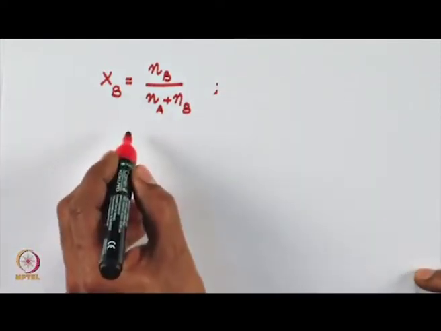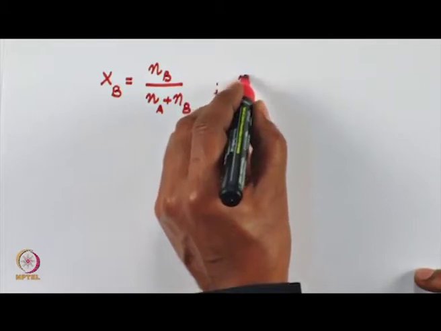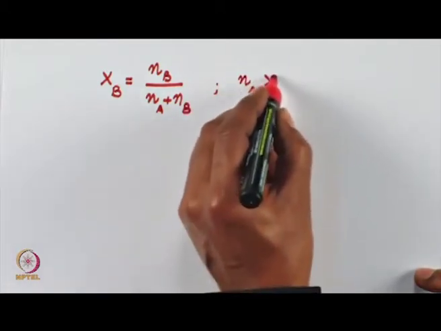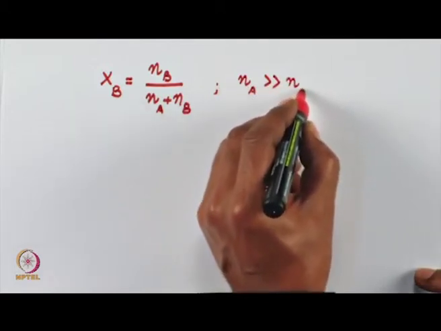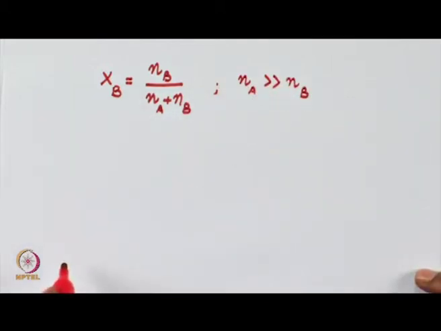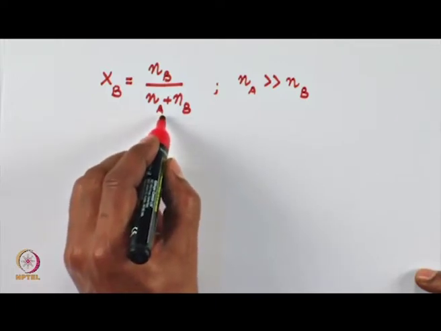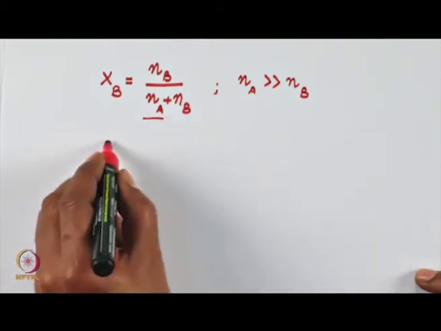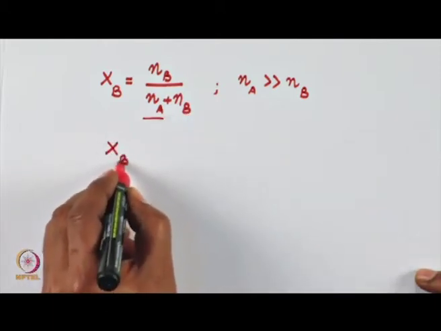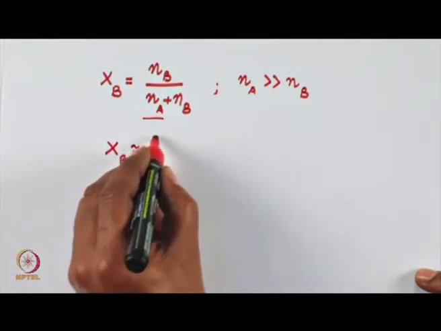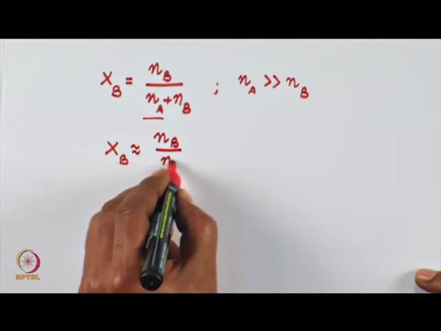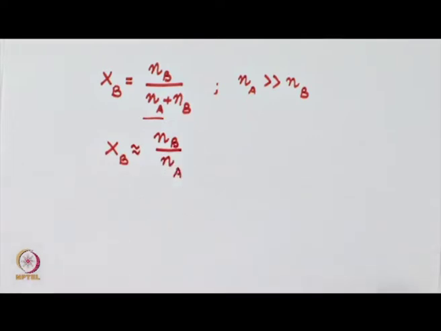Usually in a dilute solution, the number of moles of A, which is the solvent, is much larger than the number of moles of B. If this is very large and this is small, I can ignore the small quantity. That means the mole fraction of B can be written approximately as the number of moles of B divided by the number of moles of A.